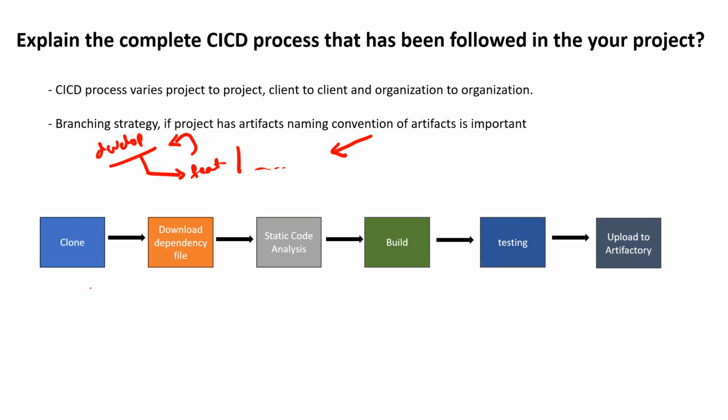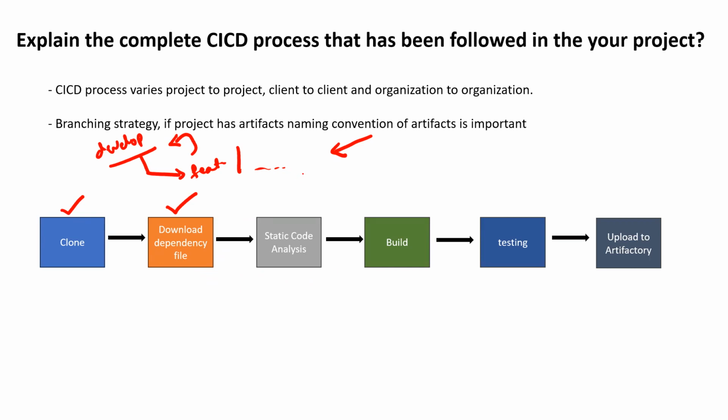In this Jenkins CI process, we had a couple of stages. The first stage was the clone stage. Once the clone is done, we had a parallel stage in Jenkins where we downloaded all the dependencies required for the build and testing stages.